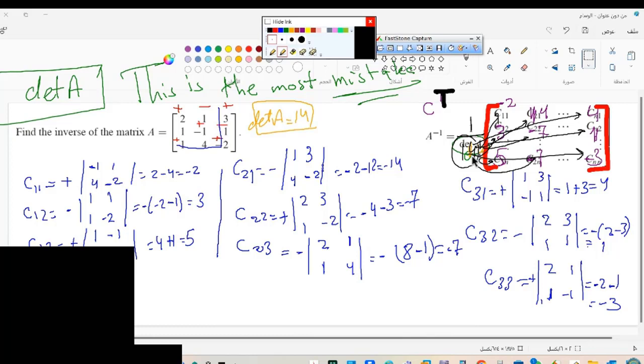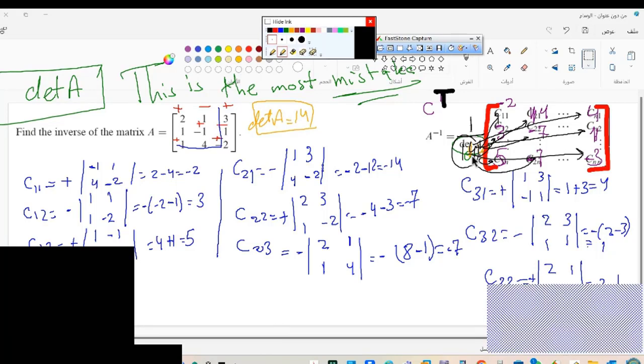Calculate determinant A before starting. If the determinant is 0, say bye-bye, no answer. Should I repeat?